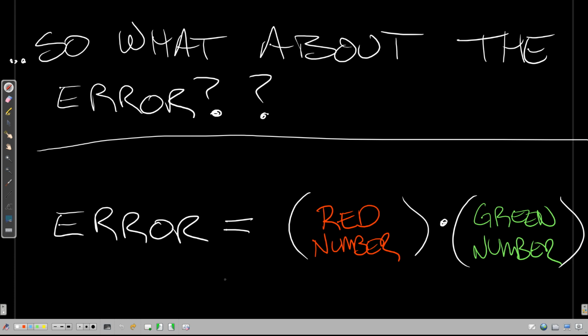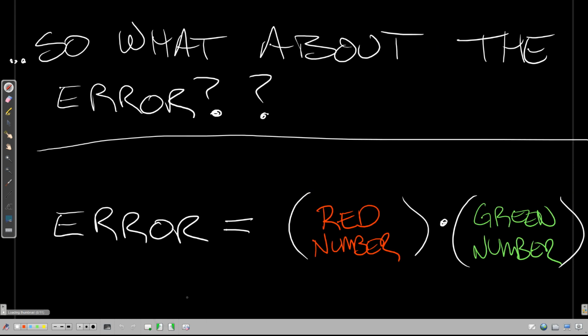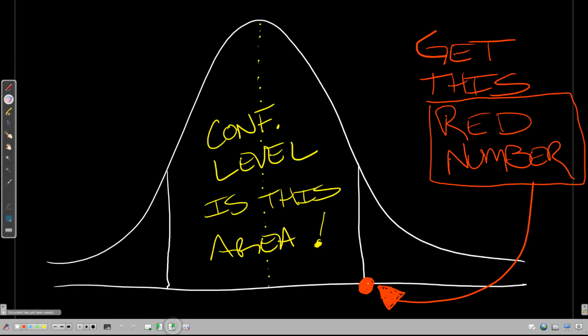All right. Well, that red number is what I want to address first. So the red number, the one that's going right here, traditionally, it really doesn't matter because multiplication is commutative, but we're writing it first in this instance.